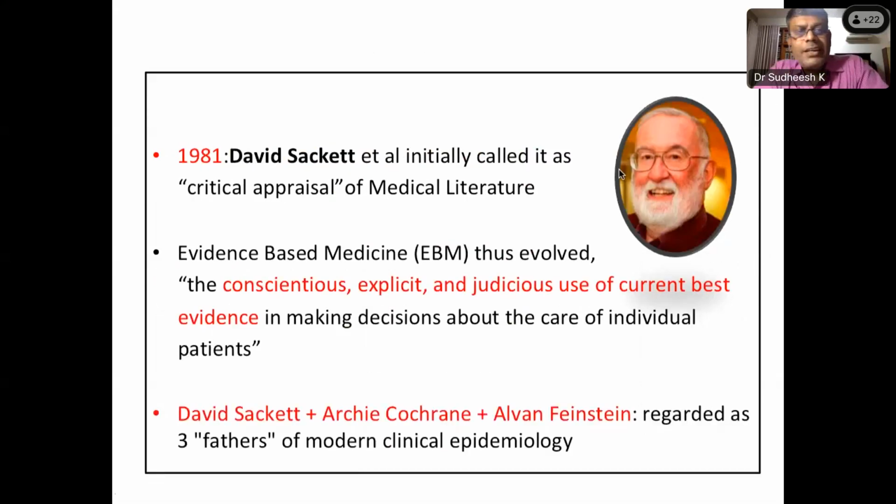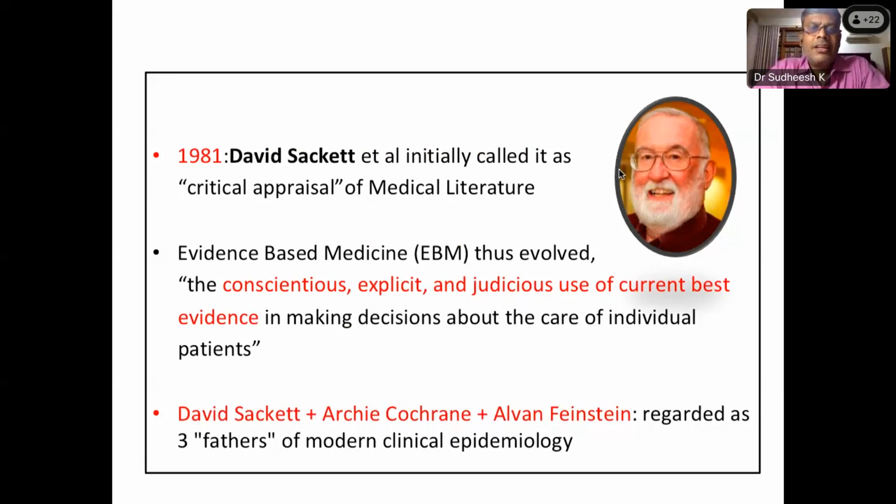Subsequently, in 1981, David Sackett et al. initially called it a critical appraisal of medical literature. In 1971, Cochrane instilled the concept of RCTs, but they didn't have a proper method of doing things, and there were a lot of lacunae in the conducted RCTs.